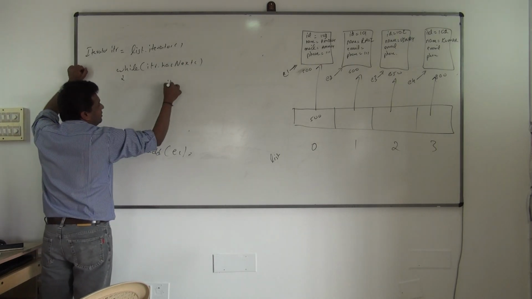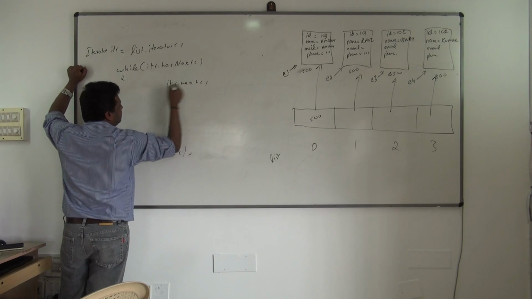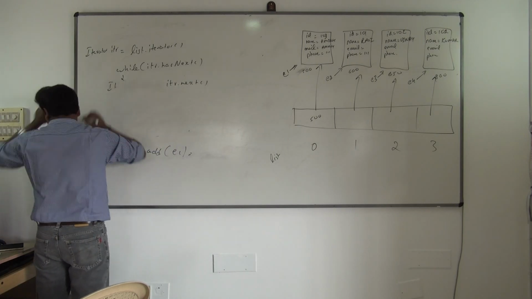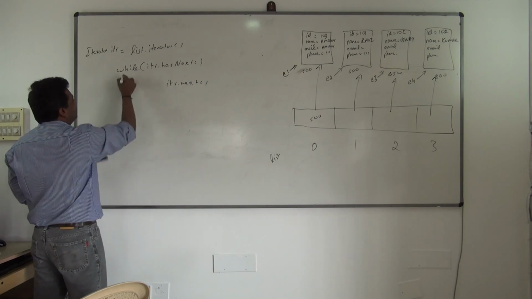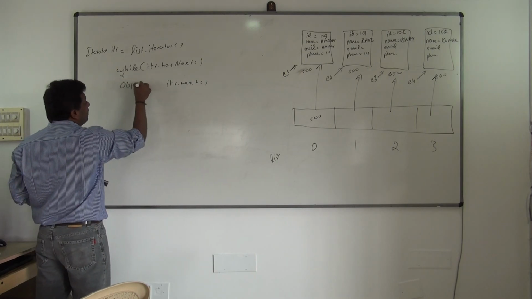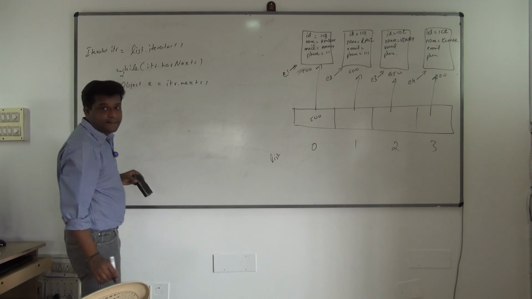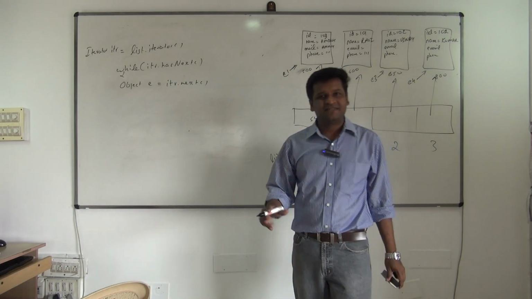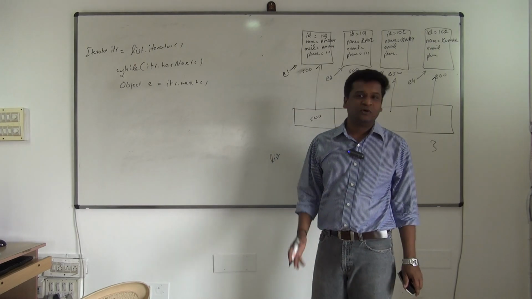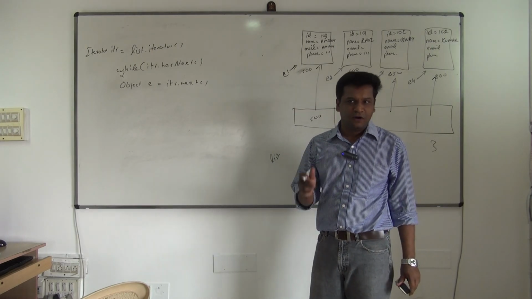Itr dot next. What is the return type? You tell me. Object. So you will typecast it to what now? This is common sense. You are not supposed to get doubts here.